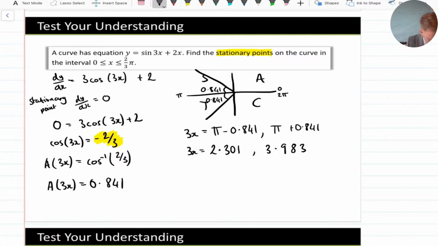So divide both of these by 3. So x is equal to, remember, you're leaving that divide until last. So 2.301 divided by 3 is equal to 0.767. And this one here, 3.983 divided by 3, is equal to 1.328.